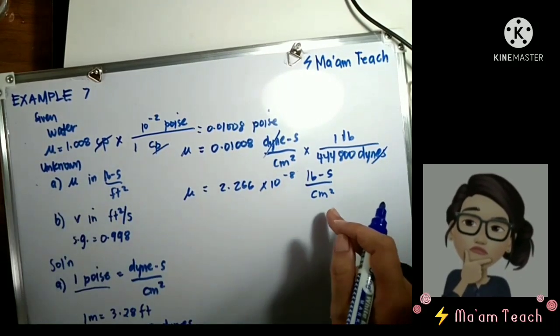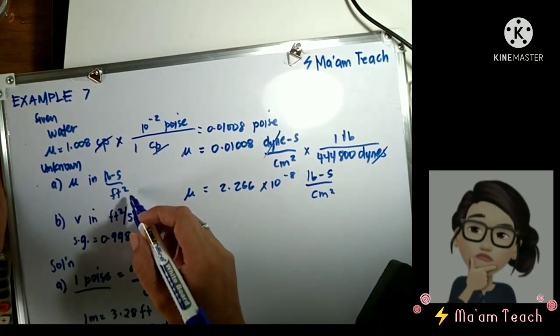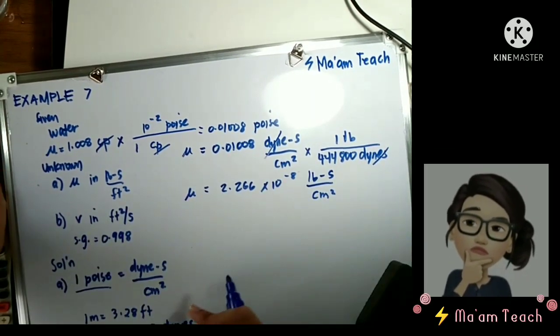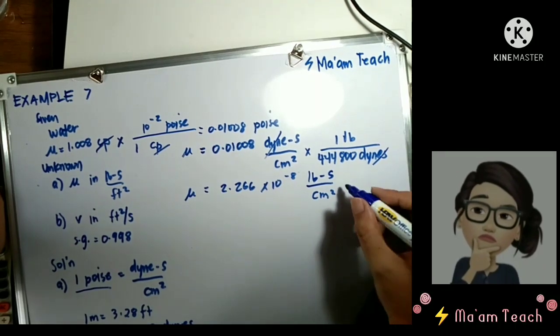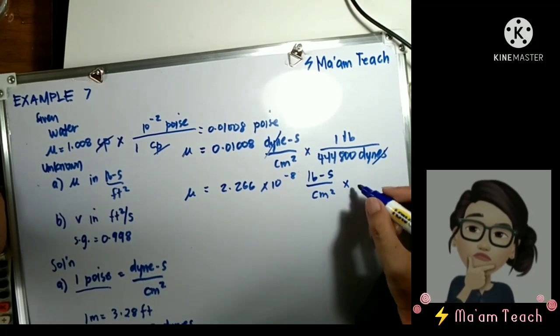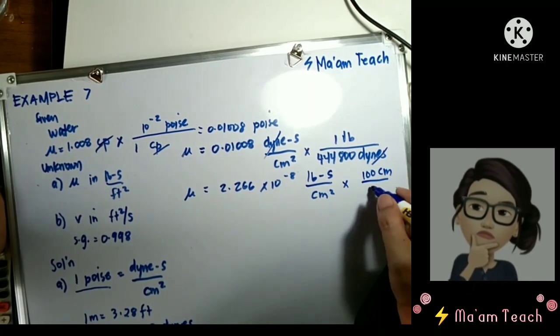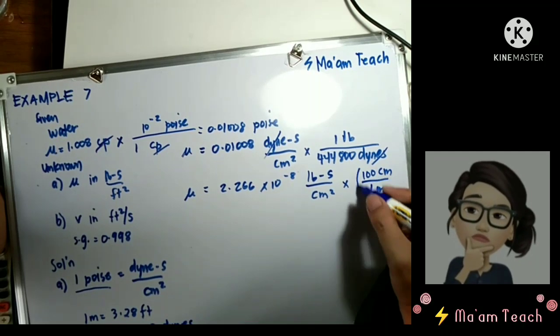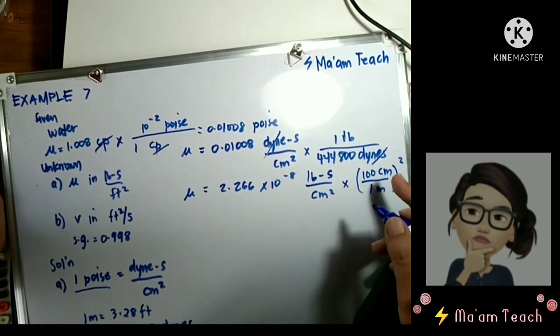Now, our target will be square foot. Using the conversion from centimeter to meter, 100 centimeters is 1 meter, and we will square it so that our unit can be cancelled out. Can you follow?